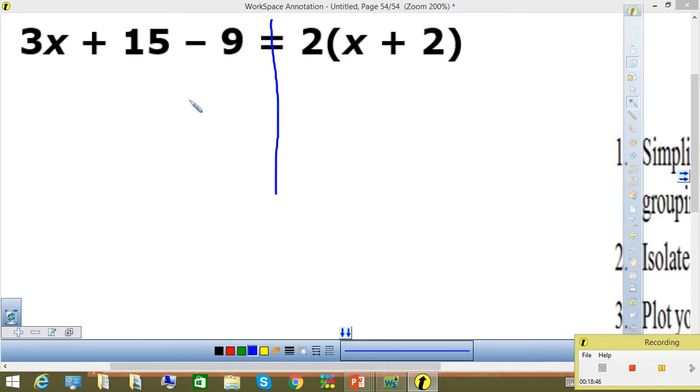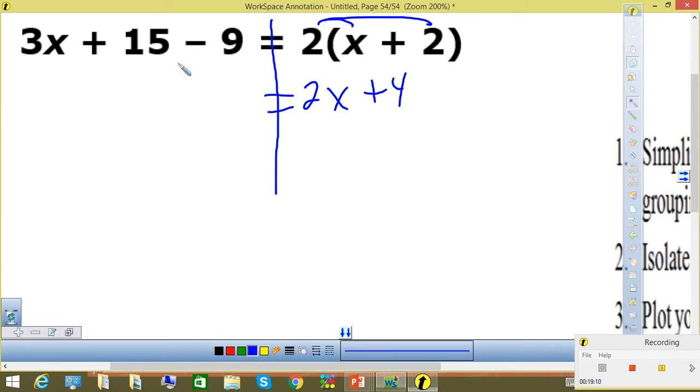Maddie, what do I do? No, I'm saying help me with the process. Distribute. Okay, and we get what? How about this side? Which is?